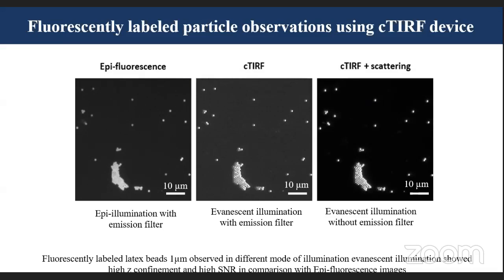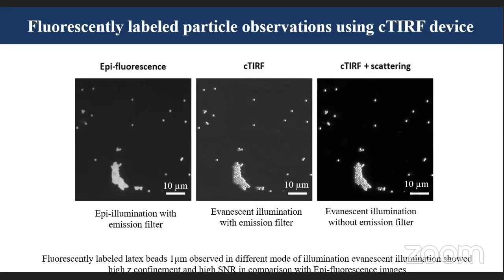You can see that when we use the perpendicular illumination, which goes all the way from top to bottom, it generates a good picture if you see it standalone. But if you go to the TIR microscope, you can see that it's high signal to noise ratio imaging, where you can see the difference between the beads.